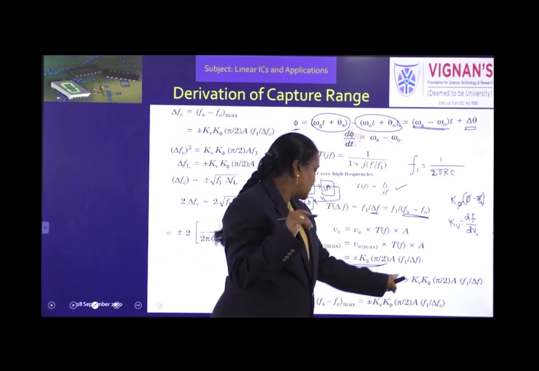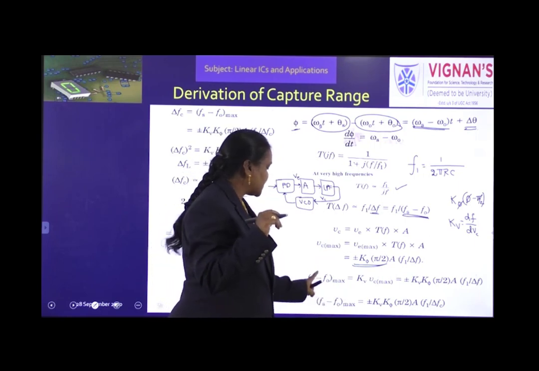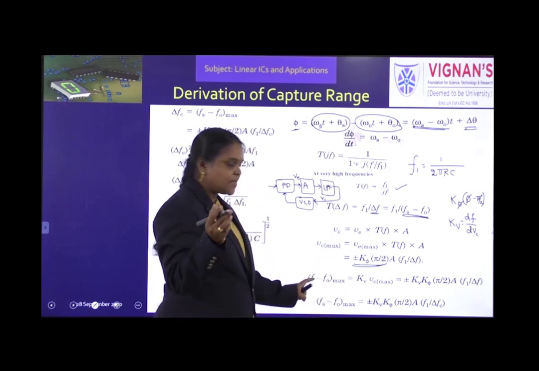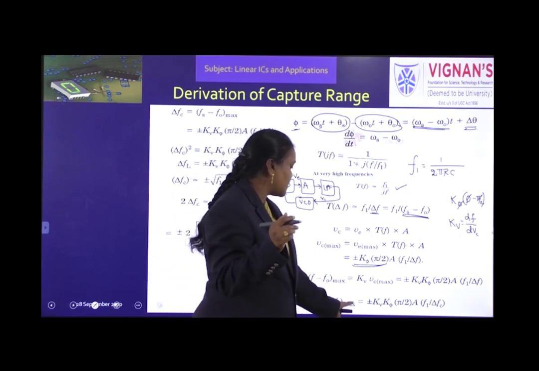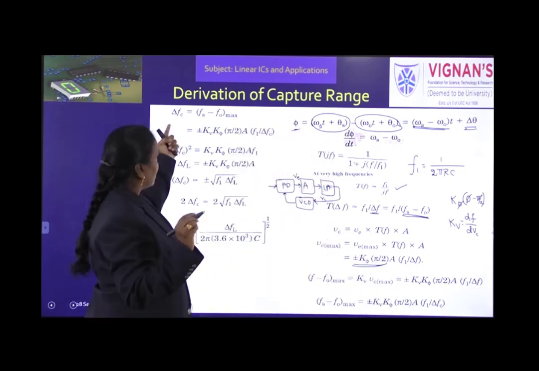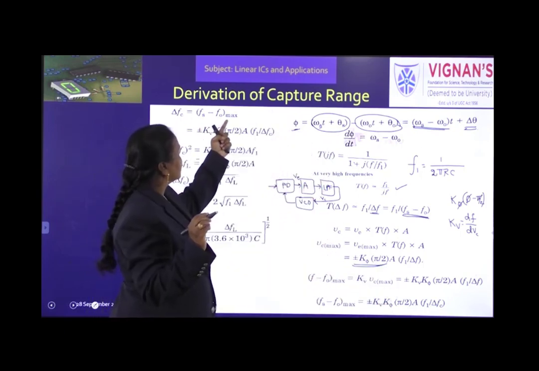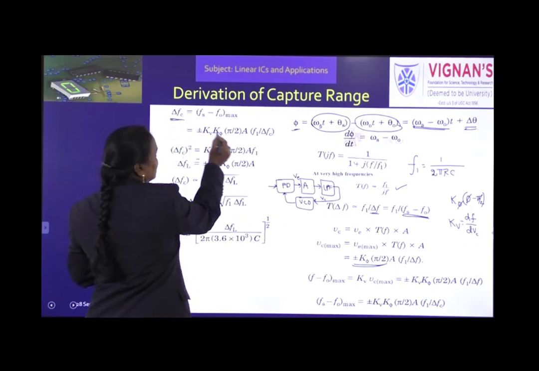Okay, so now if I substitute this, Fs minus F0 max, because here F is nothing but the incoming signal, so we are representing it as Fs. Fs minus F0 max is nothing but the change in this.